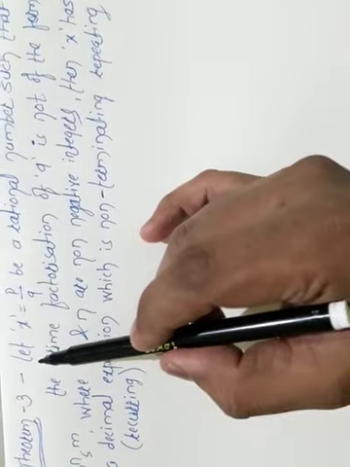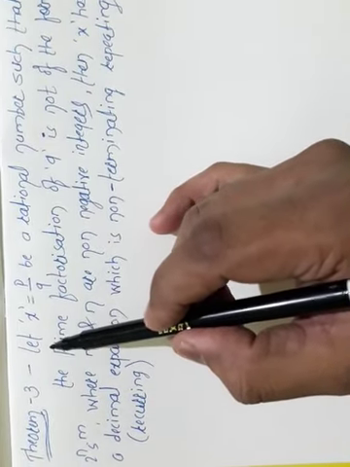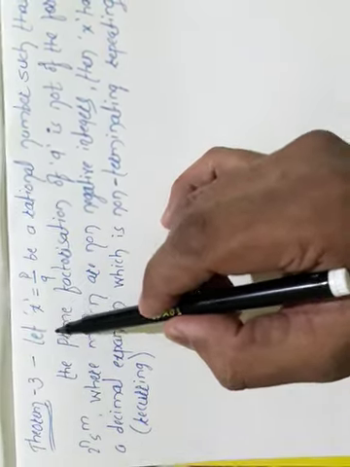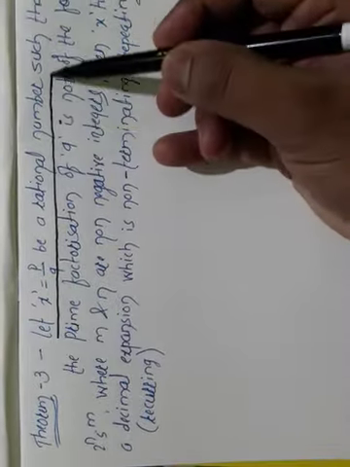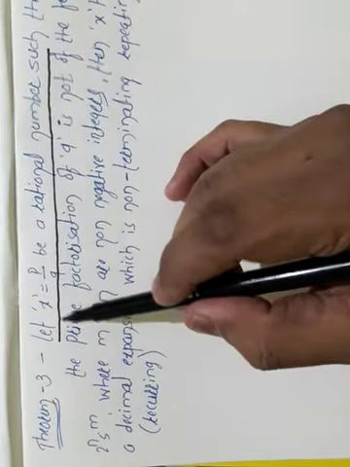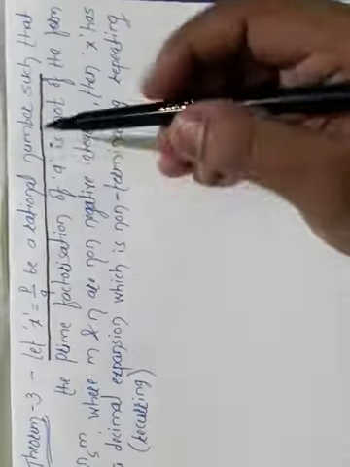Look here. I am going to divide this theorem into 4 parts. First point: let x = p upon q be a rational number.